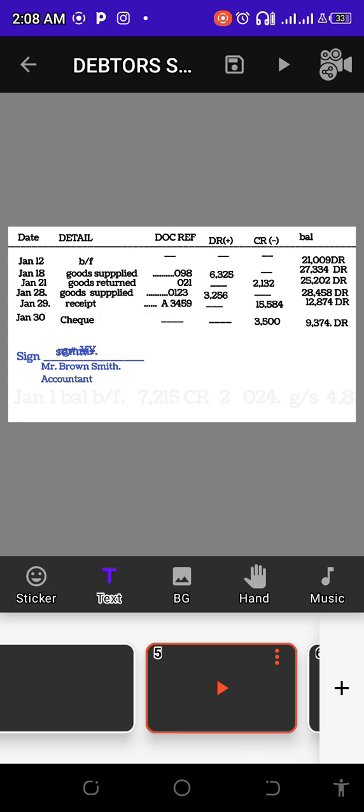Now, the debtor statement of account is similar to the creditor statement of account, but there is a difference. The difference is that this debtor statement of account is being recorded by the supplier, who is recording a current account statement. That is why it has a debit balance.